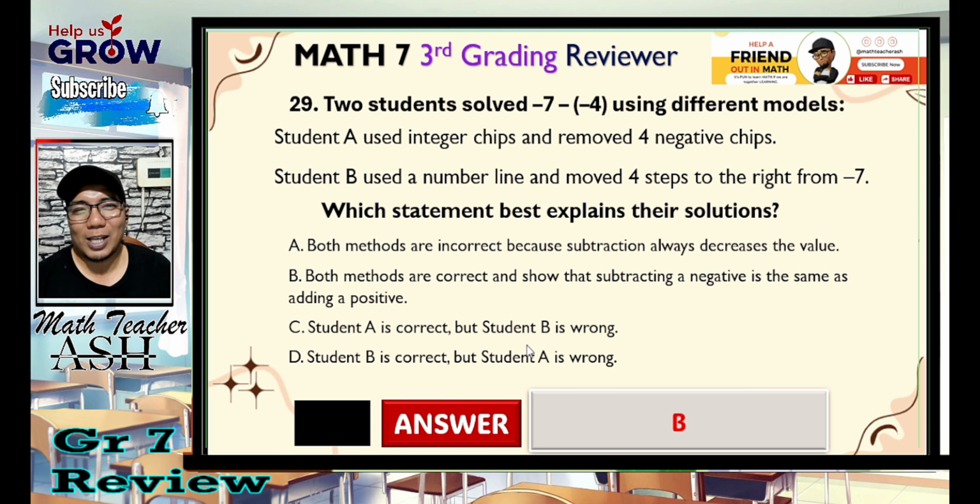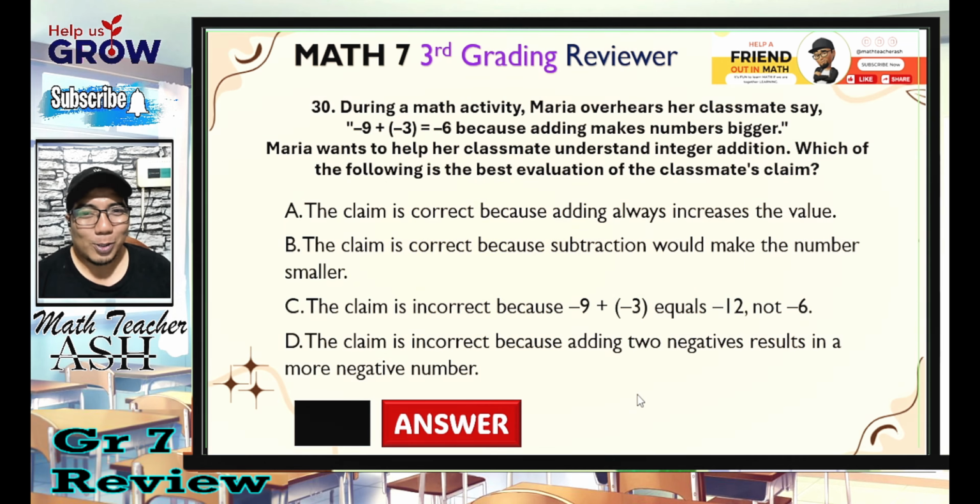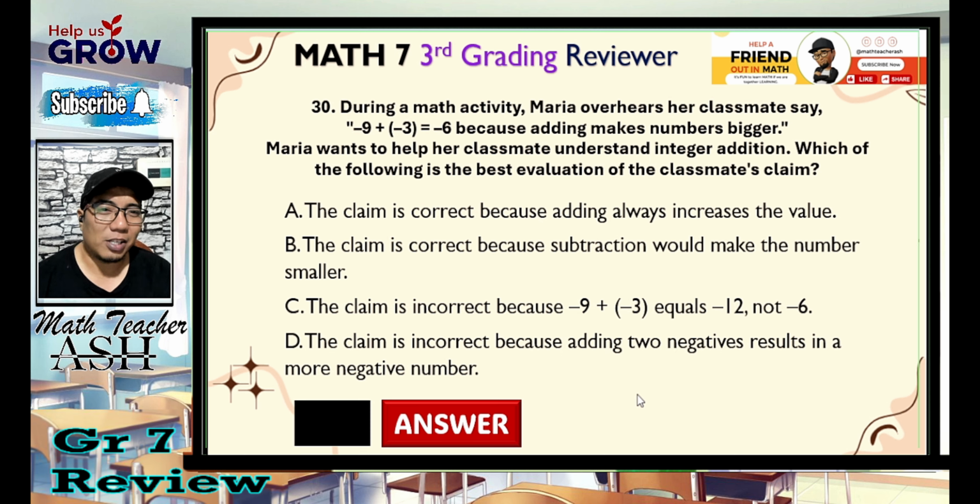Now, let us go to question number 30. During a math activity, Maria overhears her classmate say, negative 9 plus negative 3 is equal to negative 6 because adding makes numbers bigger. Maria wants to help her classmate understand integer addition. Which of the following is the best evaluation of the classmate's claim? Is it A, the claim is correct because adding always increases the value?